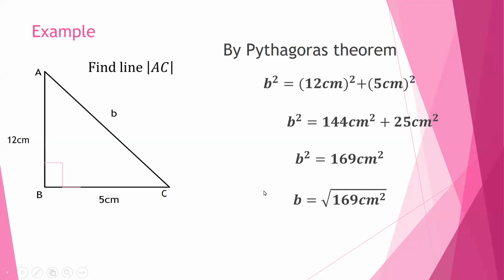When you introduce the square root, which is the same as raised to the power half, it cancels out your square. So we have B is equal to the square root of 169 centimeters squared. You get it. So this will give us 13 centimeters. So our line AC, which is B, is equal to 13 centimeters, right?